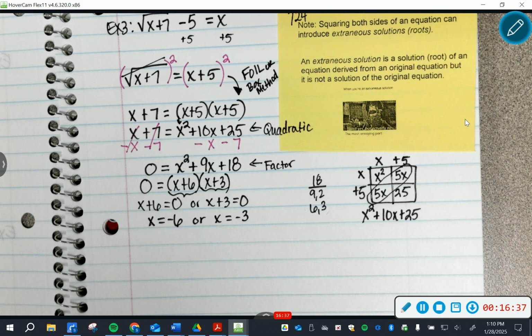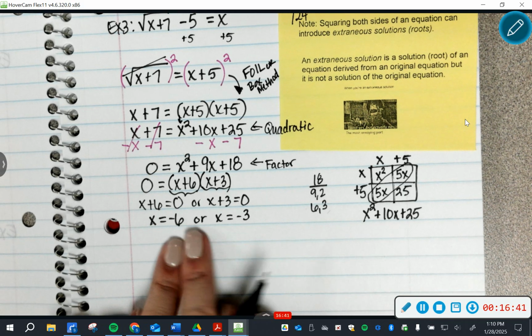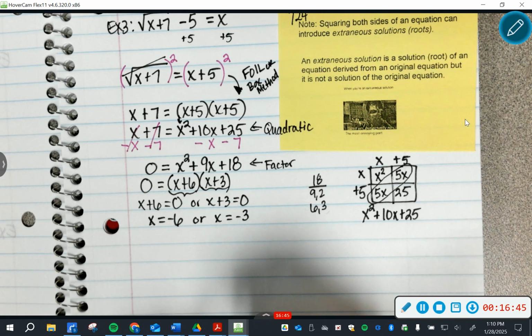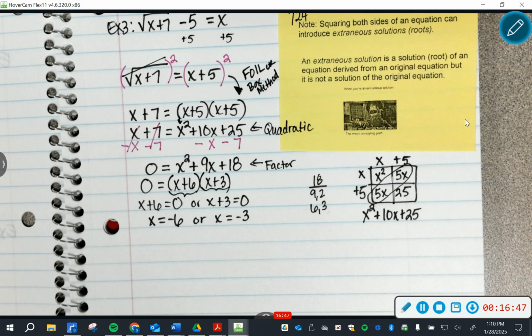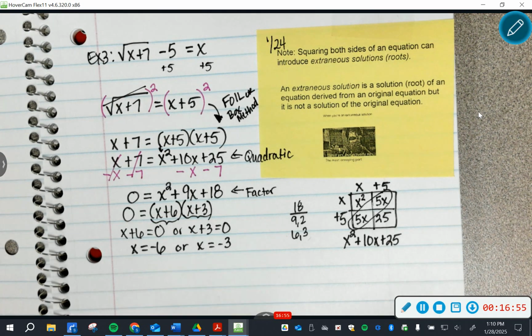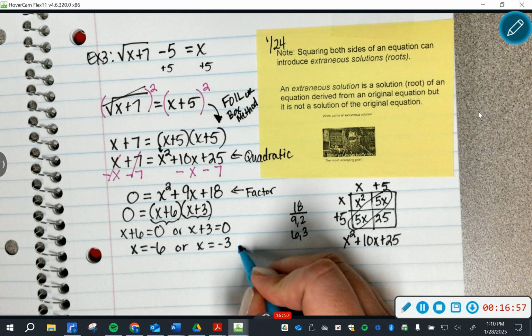Okay, now, that's great. We have answers, but now we have to check. Super important to check, okay? You know what? Let me just plug in. I'm going to plug each of these in, so we got to make sure we check these.